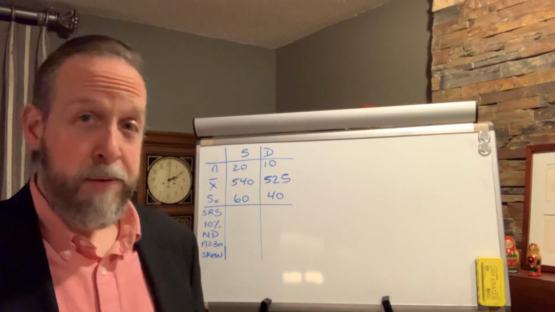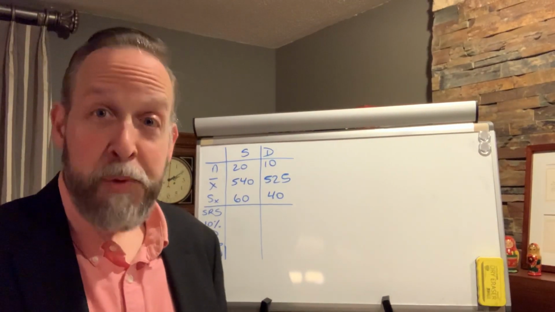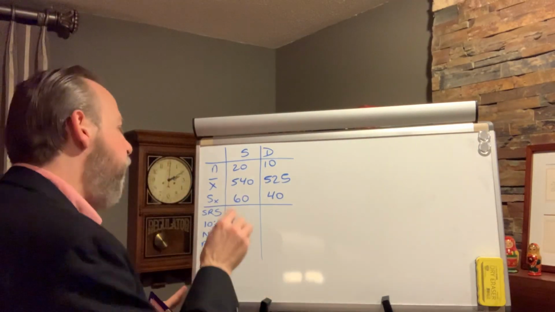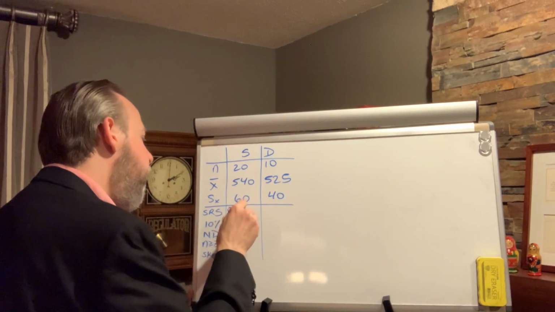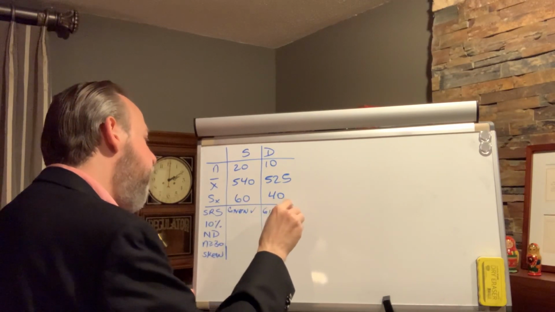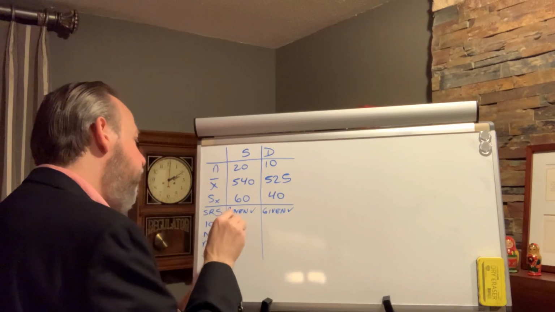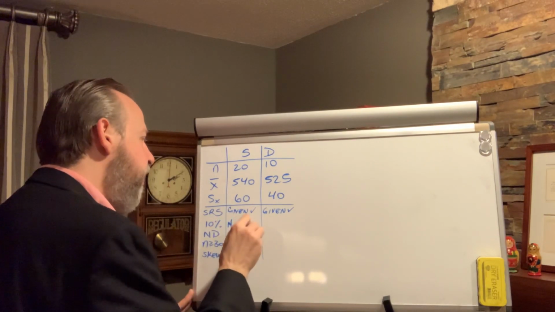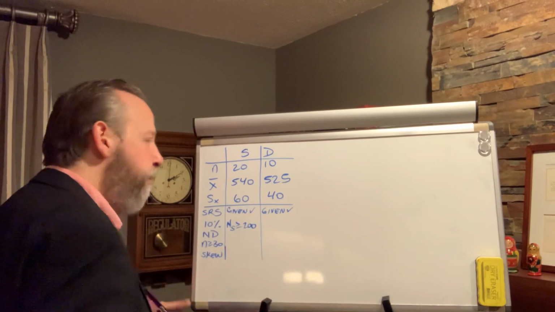I told you the story began with, we take a simple random sample of. Well, that's the given for our randomization. That was given to you in the prompt. And we get to move on to the 10% rule. Is the population of Shelton SAT test takers at least 200 people?